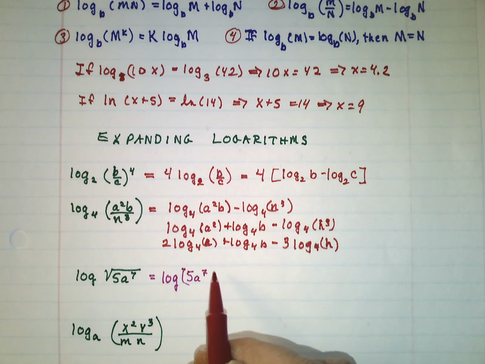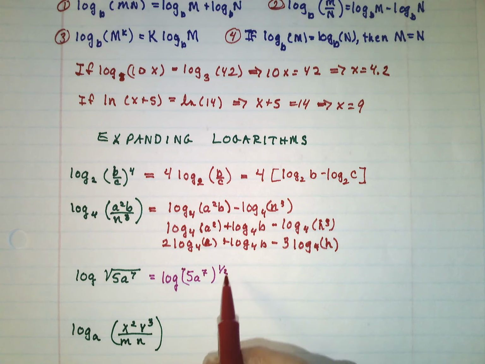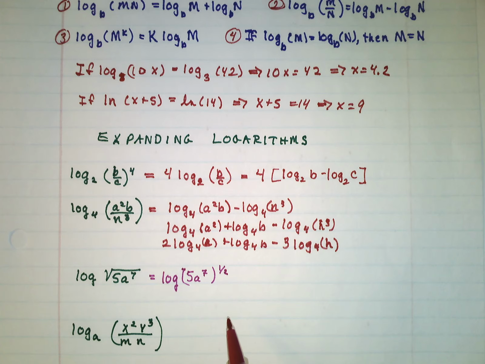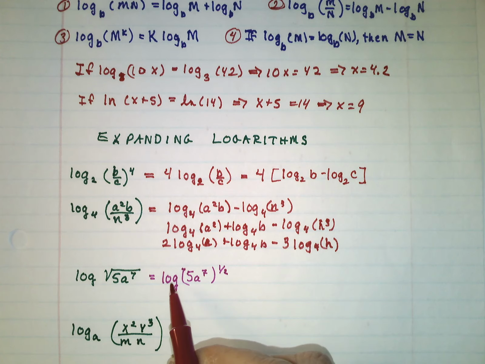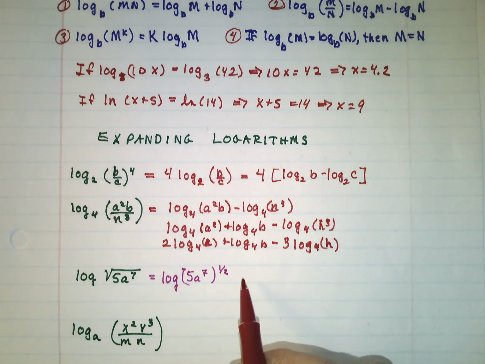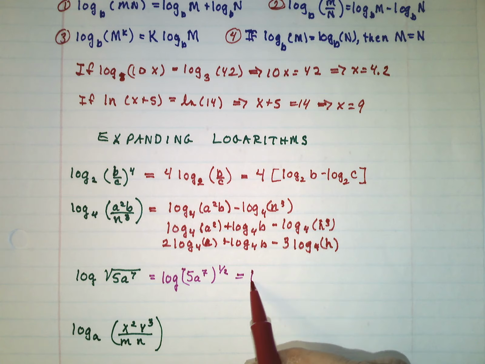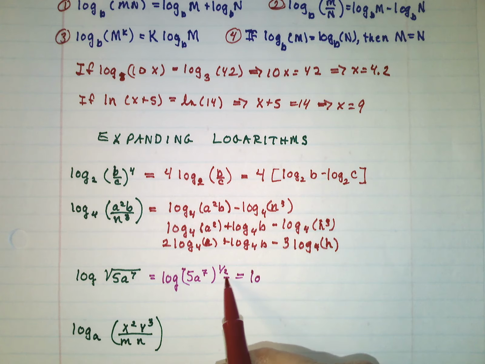Square root, remember, is to the 1/2 power. Well, now we're taking an exponent of something raised to a power, so that can be rewritten by pulling the 1/2 out front, which I totally forgot.